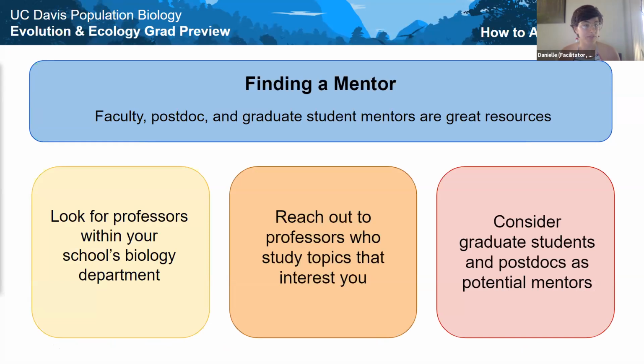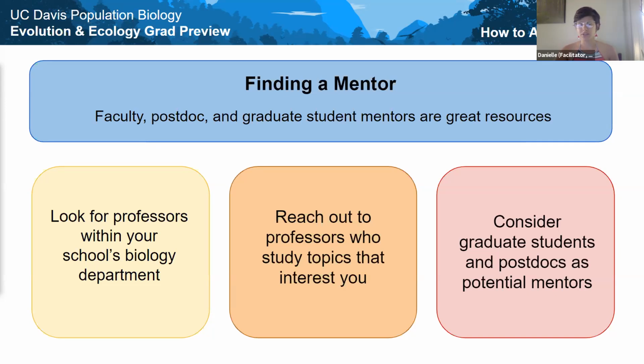You could look for professors within your school's biology department. Usually there will be a web page that houses all of the faculty members in your department. And you can look through these faculty members and get an idea of who is accepting undergrads and what their research is all about. And then reach out to those for the topics that do interest you.